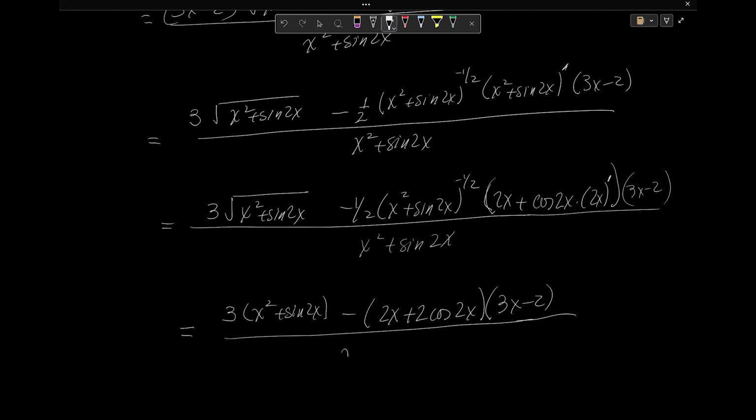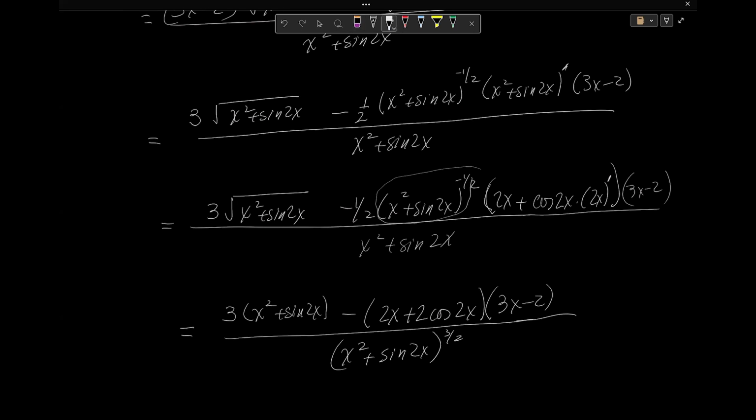In the denominator, I just brought down a square root. I brought down this guy. Okay. So this is negative 1/2, 1 over the square root of that. But it's in the numerator. And when I get a common denominator, I bring it down, and now it adds to the bottom.